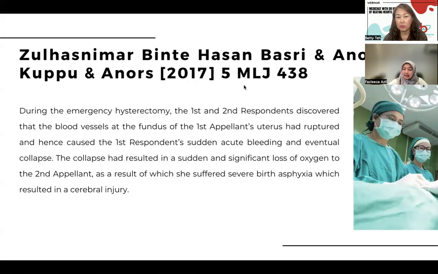I'm going to say, Doc, this is the medical record. This is what the plaintiff is claiming. And this is what the doctor is saying based on the defense. So I will want you to study these three documents and let me know your views on the care management of that particular consultant.